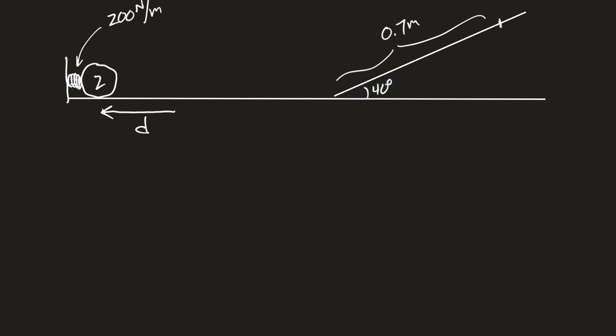Right now, where's the energy in this system? I need you to understand this because this is the accounting for the energy. Is the energy in the ball? Is the energy in the incline? Is the energy in the spring?